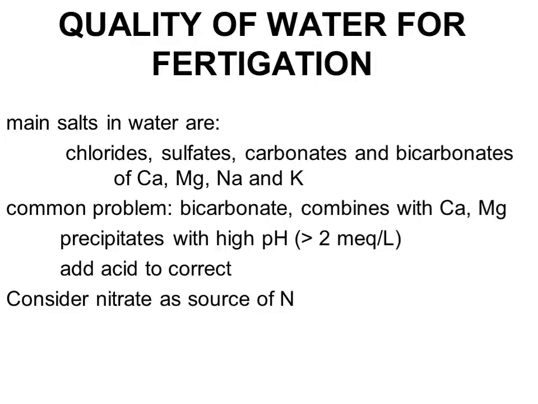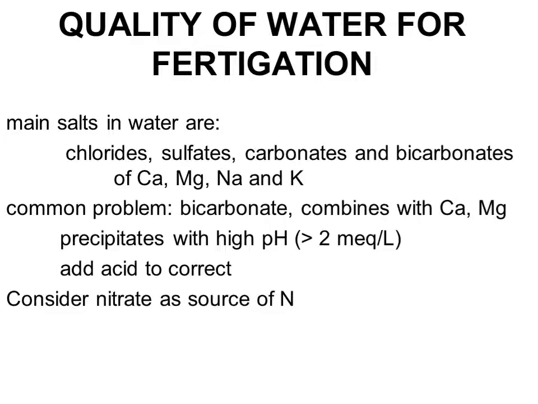We have to be especially careful with bicarbonate, because bicarbonate will combine with calcium and magnesium and will precipitate with high pH. Even having only more than 2 milliequivalents per liter will be a problem. To avoid the formation of precipitates, we need to add acid to correct the pH of the solution.